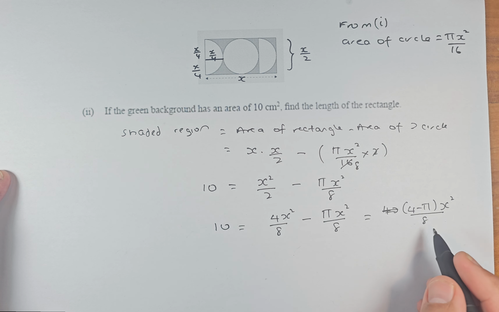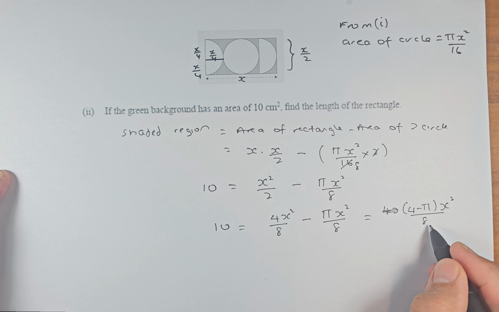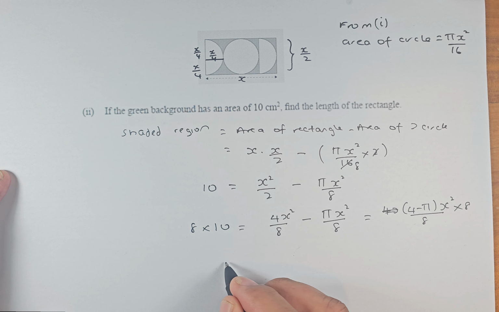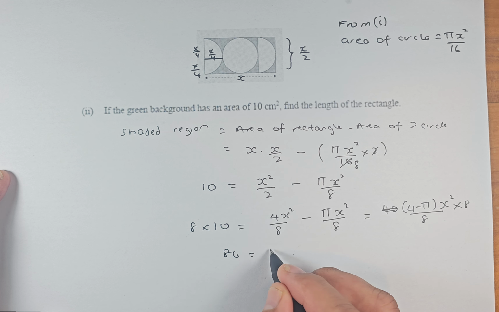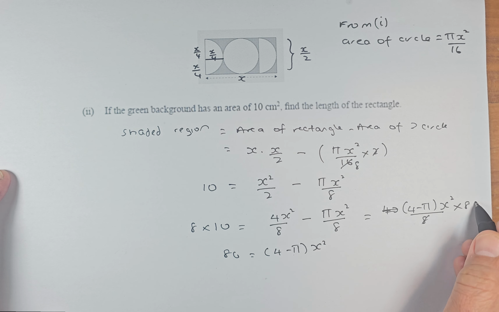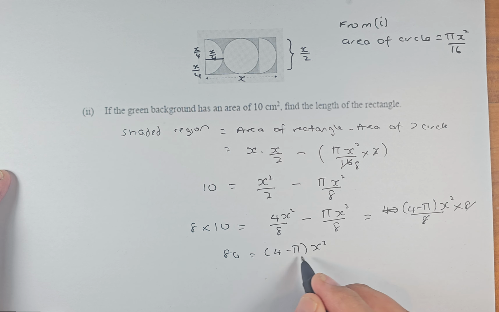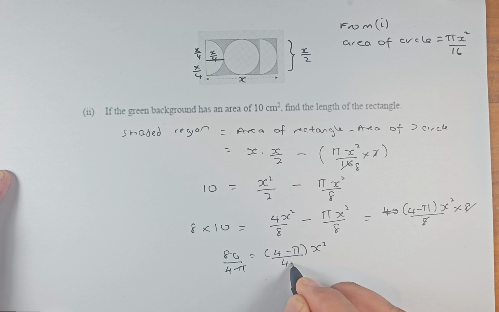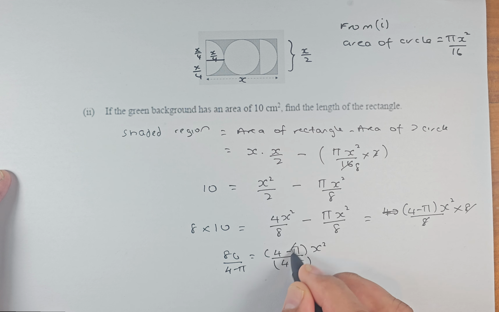To solve that, you multiply by 8 on both sides of the equation. So 80 is equal to 4 minus pi, times x squared. That 8 will cancel out. To solve for x, we just need to divide by 4 minus pi on both sides, and that part will cancel out.